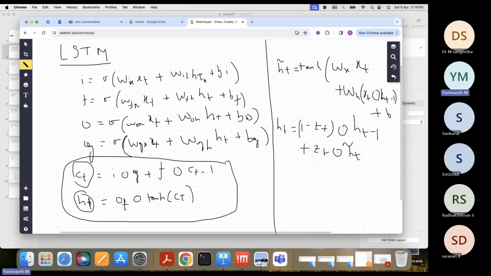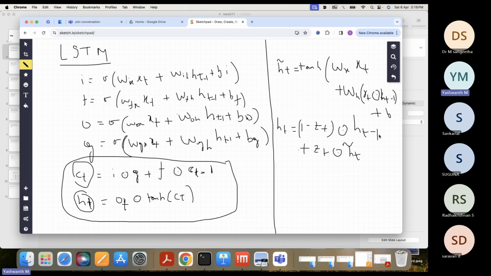So this is T minus one. The addition of this CT minus one allows the gradient to propagate from farther back to the initial part of your sentence or sequence.